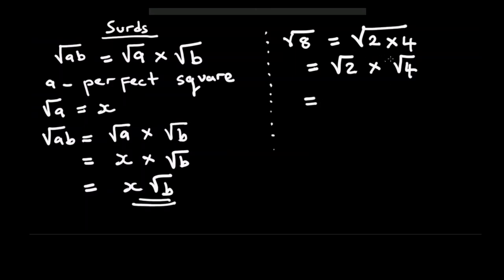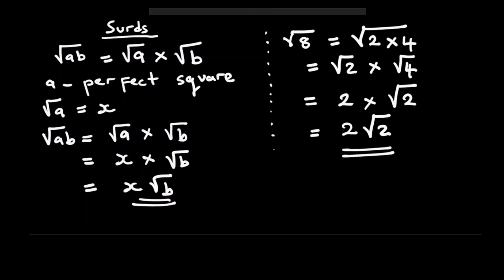We have root of 2 times root of 4, and we know that the square root of 4 is 2, so this becomes 2 times the square root of 2, and this can be expressed as 2 root 2.